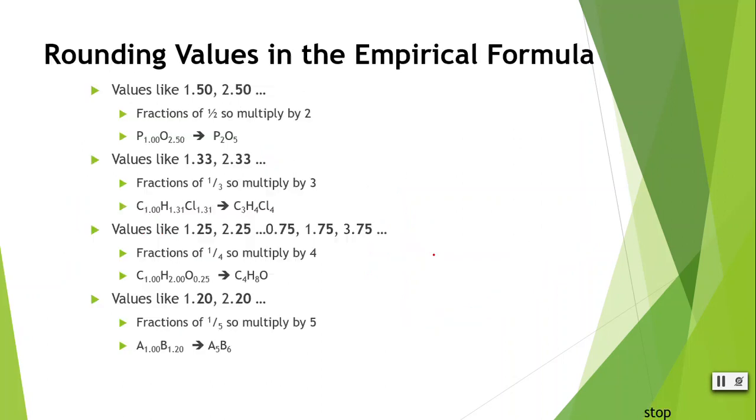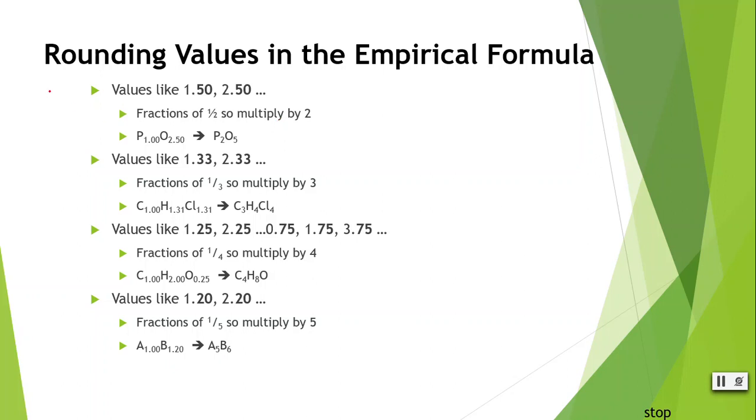There will be some times when you do your division that you get numbers that are not close enough to round. If you have an instance like that, then you need to multiply your subscript by an appropriate fraction so that you get a whole number.